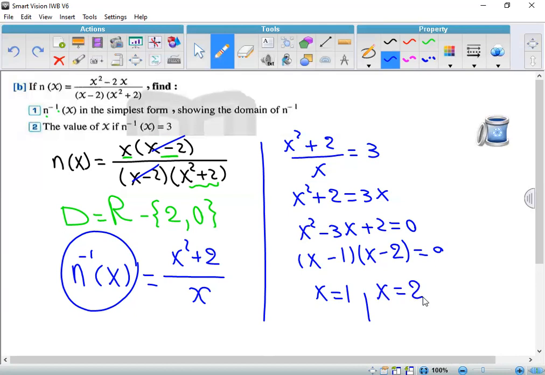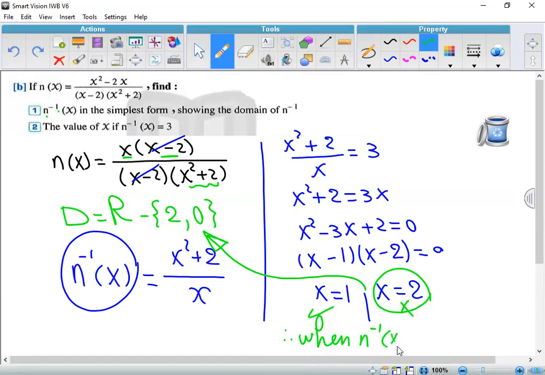Don't forget that we said before that the domain of this fraction is without 2 and 0. Then 2 is refused. In this case, the value of x equals 1. Then when n inverse of x equals 3, x equals 1.